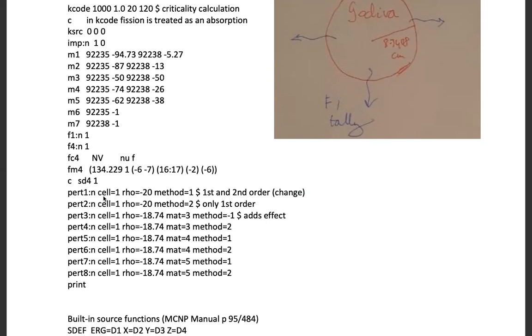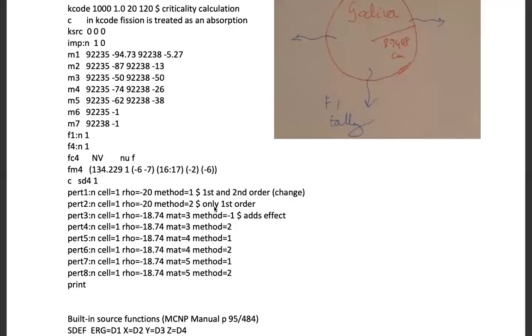So in the first problem, I'm studying what happens if I change cell 1 to a density of 20 grams per cubic centimeter from 18.4, and MCNP has 2 methods, 1 and 2. Method equals 1 is the first and second order Taylor series, and it gives you only the change.